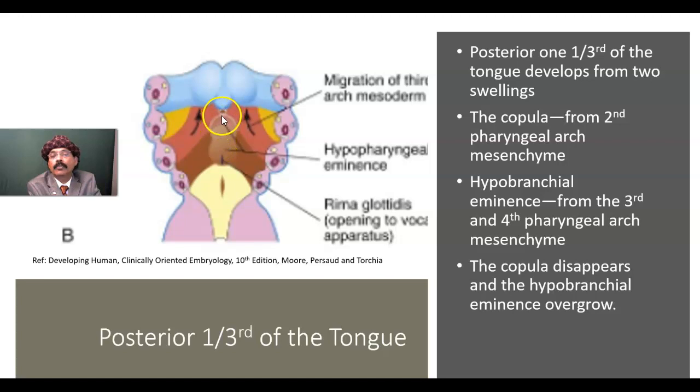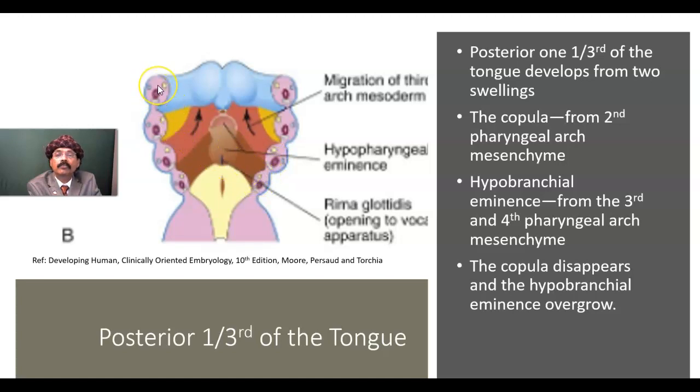So what was present just behind the foramen cecum, the copula, will be overgrown by the hypopharyngeal eminence. So the posterior one-third of the tongue is contributed mostly by the hypopharyngeal or hypobranchial eminence that is contributed from the third arch and the fourth arch.